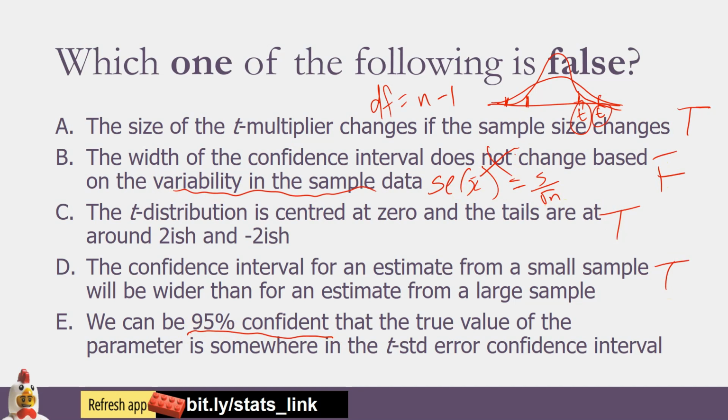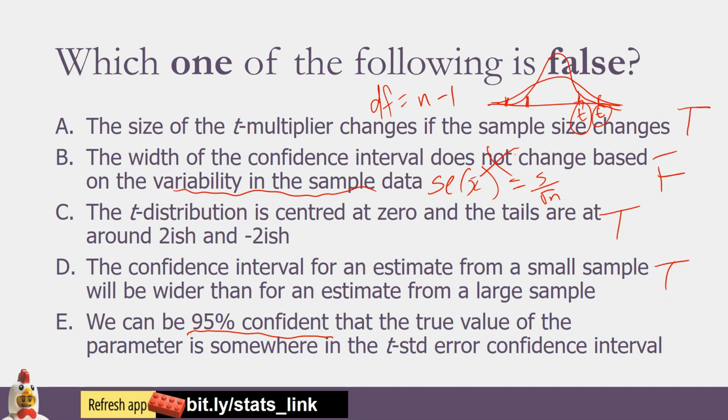So for bootstrap confidence intervals, we don't have a level of confidence that we assign to that interval. It's why we use language like, it's a pretty safe bet, or I'm pretty sure, or I'm fairly sure that the parameter is somewhere in this interval. This is different with a t-standard error confidence interval.